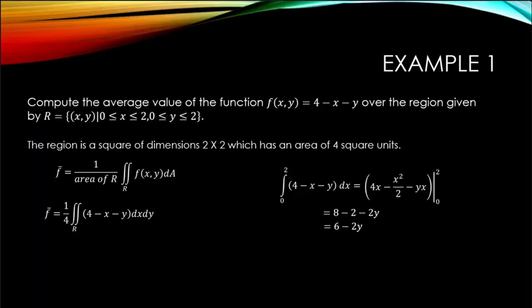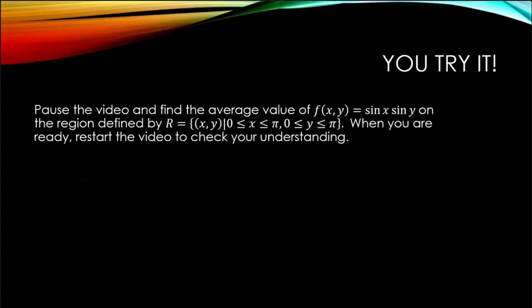This becomes my integrand in my outer integral, and I take 1/4 of the integral from 0 to 2 of 6 minus 2y dy. It gives me 1/4 times the quantity 6y minus y squared, all evaluated from 0 to 2. I plug in the limits of integration, and I find out that my average value for my function is 2.